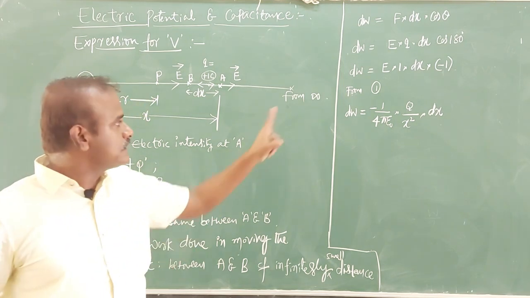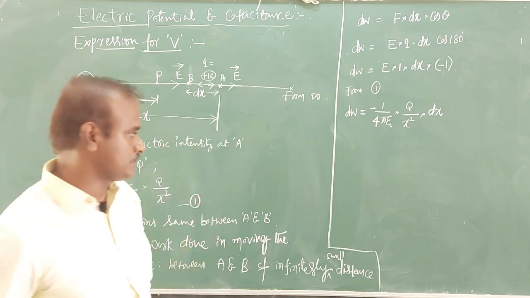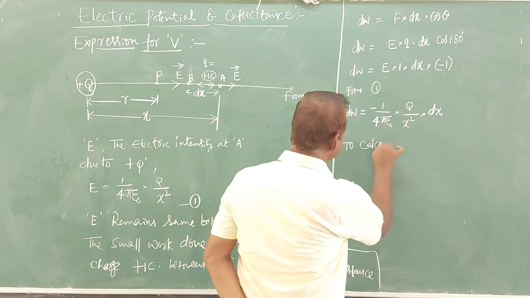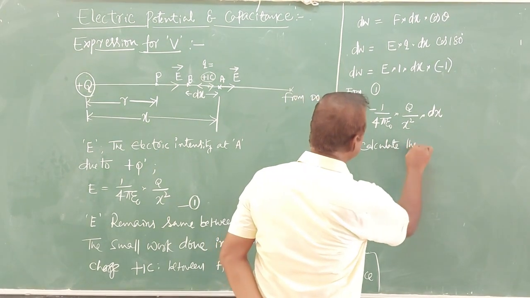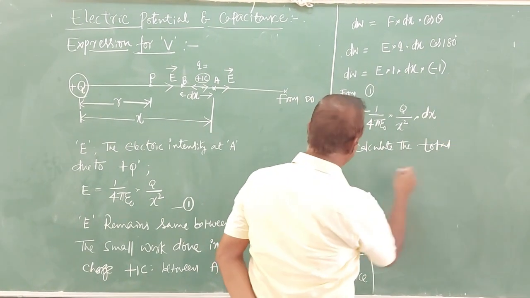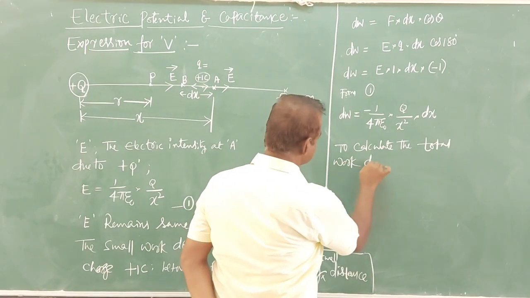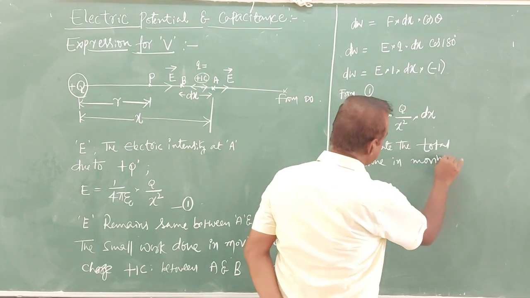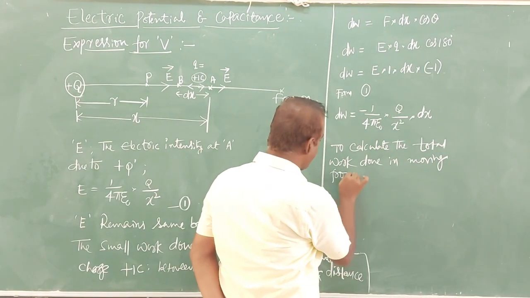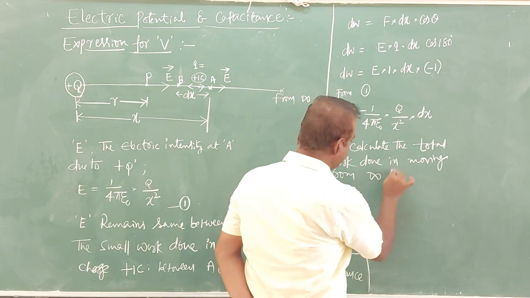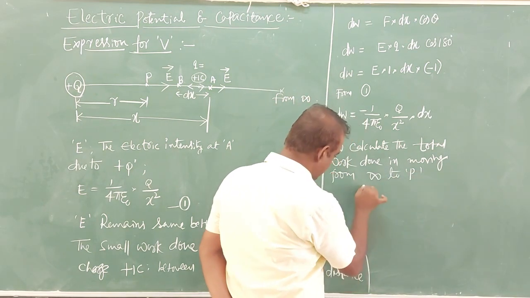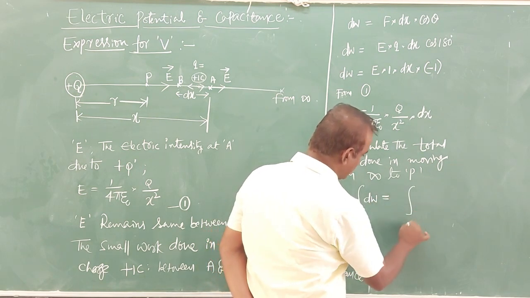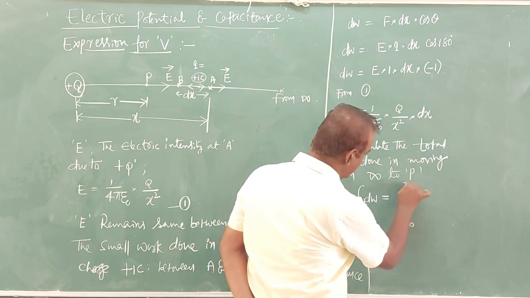R. Then you have to integrate the above equation between infinity and R, to calculate the total work done in moving from infinity to P. Integration of dW is equal to integration between infinity to point R.